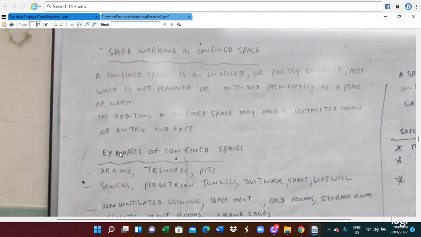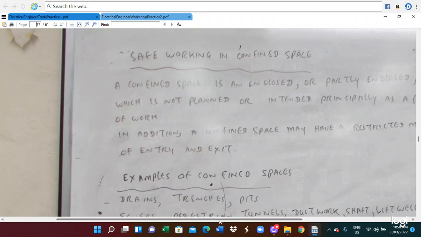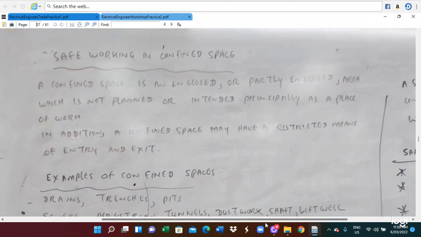Regarding the electrical engineer trade practice, we were talking about safe working in the confined space. So what is the meaning of the confined space? A confined space is an enclosed area, with boundaries enclosed, which is not planned or identified principally as a place of work, especially the underground tank or the boiler.